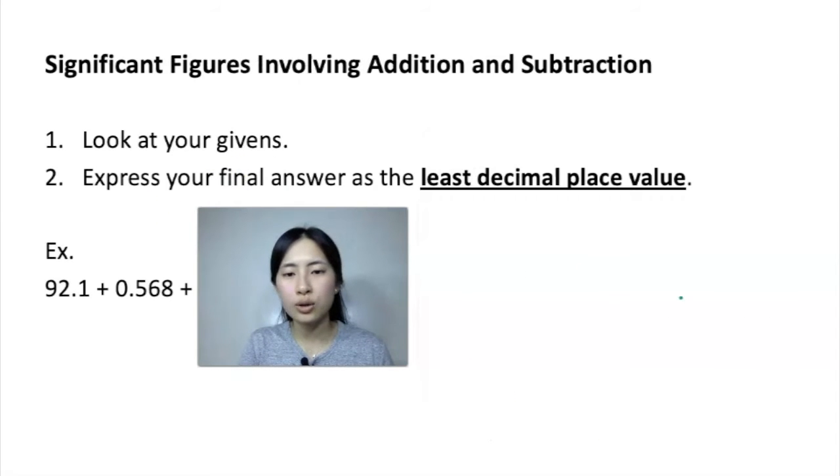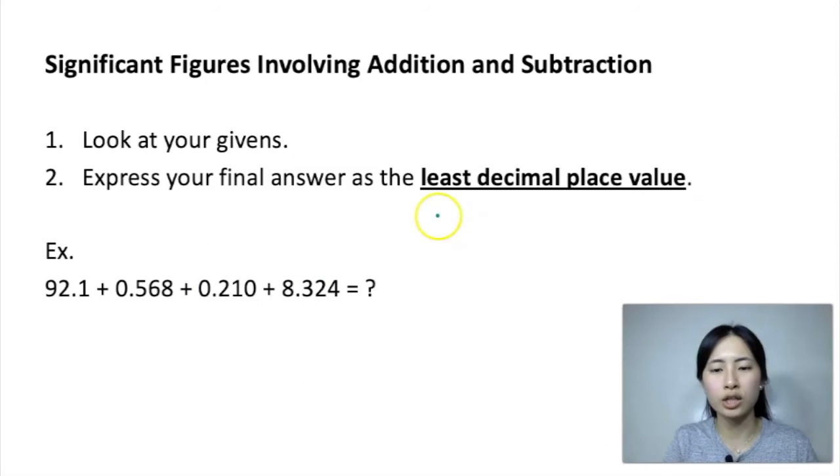Now let's proceed to the operation, first with addition and subtraction. So you first look at your givens and you always express your final answer based on the least decimal place value for addition and subtraction.